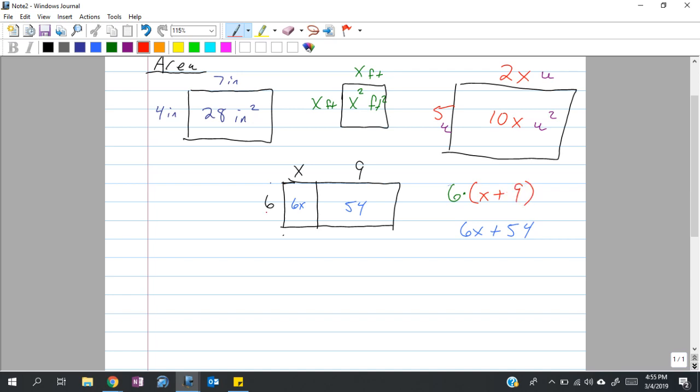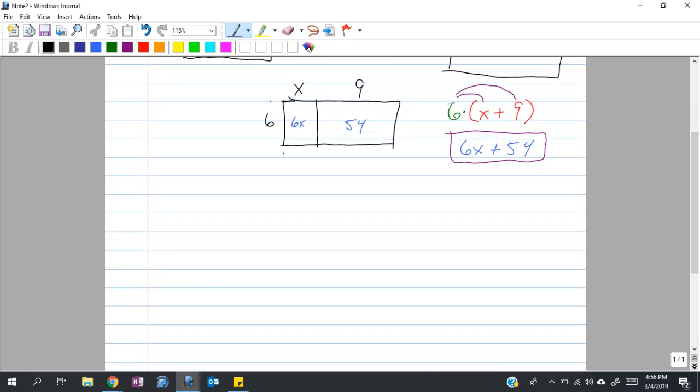So what we're doing here is 6 times this top, 6 times this. And you remember from first semester, if we were to distribute that 6, look at that, that's how we come up with this area here. The reason why we're doing these boxes is to model what distributing is. Distributing a 6 times x and a 6 times 9, you get these boxes like that.